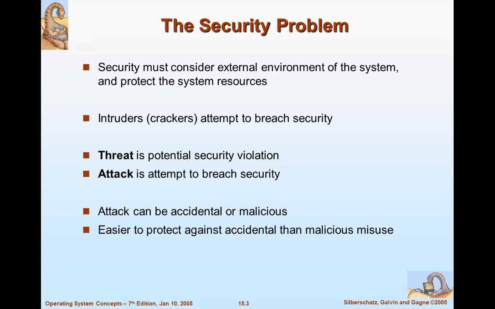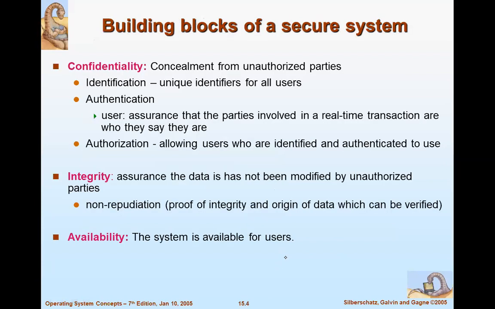And on the other side, your activities, your commands, your clicks on the systems, or your requests towards the system may be considered as malicious. It is easier to protect against accidental than malicious misuse as well. So if there is any accidental attack, you can easily recover from that, and you can identify the path which can be exploited for launching an attack, and you can further close all those loopholes.